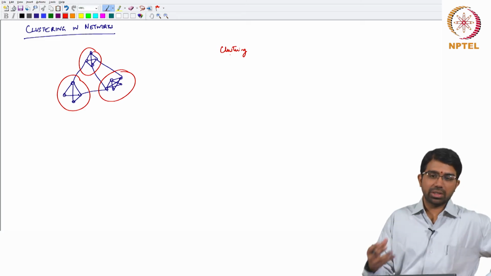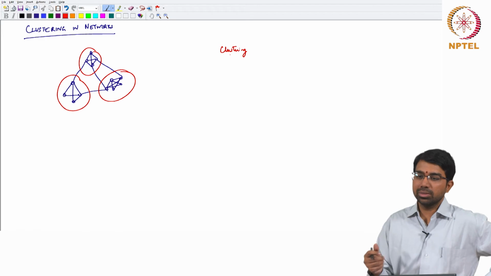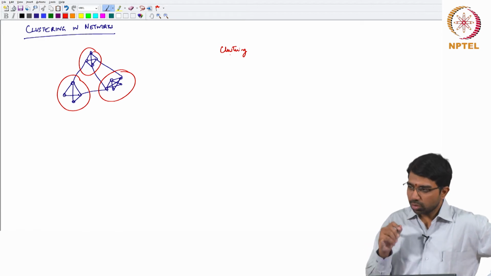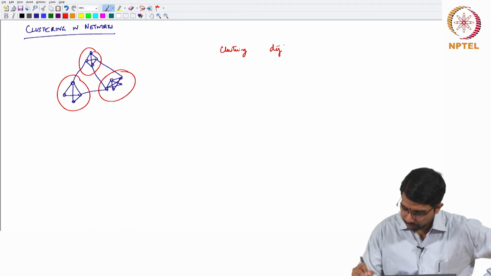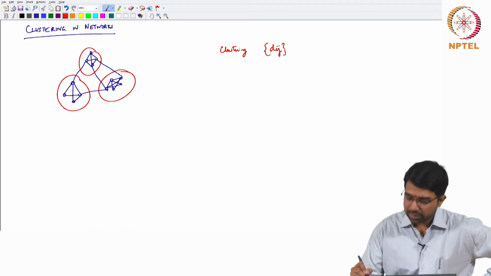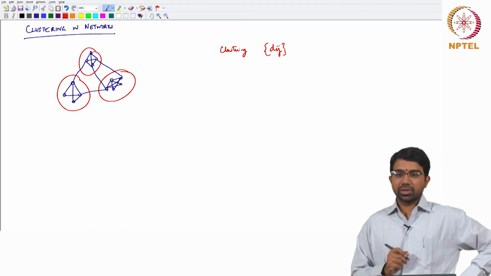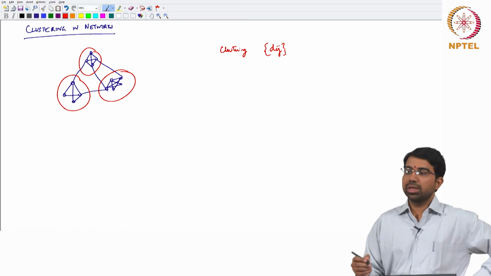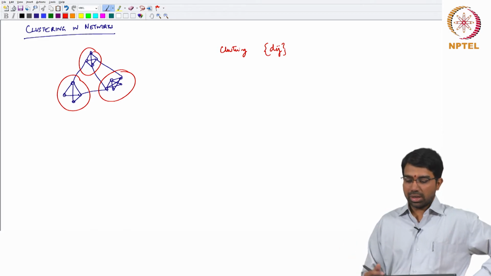You are given a particular data set, you want to group similar items together, you want to cluster similar items together. Usually most clustering methods work using a distance matrix. You have a matrix of distances and based on that matrix you try to identify which nodes are closer to one another and so on.